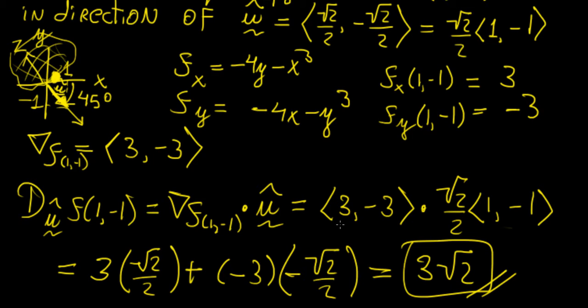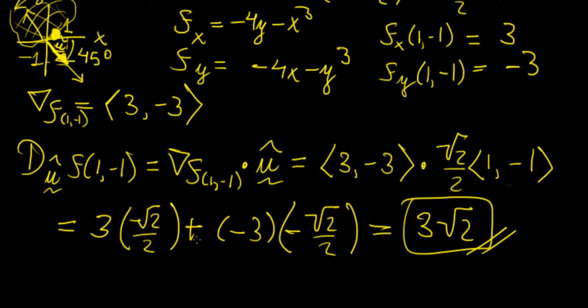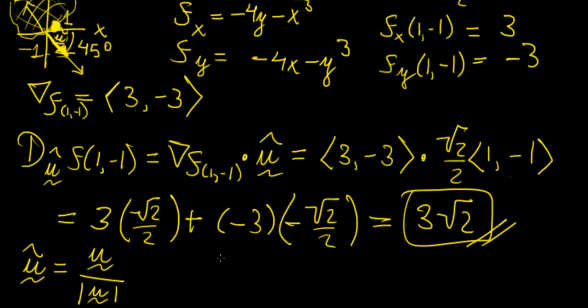And this is a really useful definition because it allows us to find essentially the value of the gradient along any direction that we choose, so long as we can define that direction as a unit vector. Now, in the case that we were given a vector but not a unit vector, remember that for any vector, we can find the unit vector by simply dividing each of its components by the magnitude.